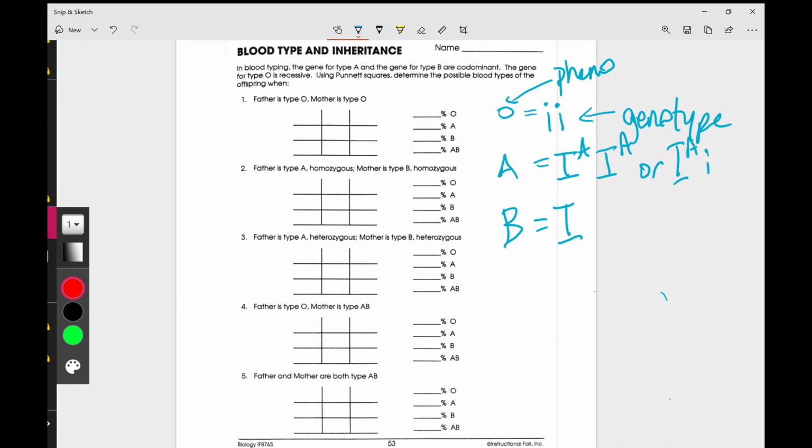For B blood type, it'd be IB IB, or IB and little i. And if you have AB blood, you'd have IA IB. So the genotypes are on the right. The phenotypes are on the left, what it looks like when you look at it with your eyes.